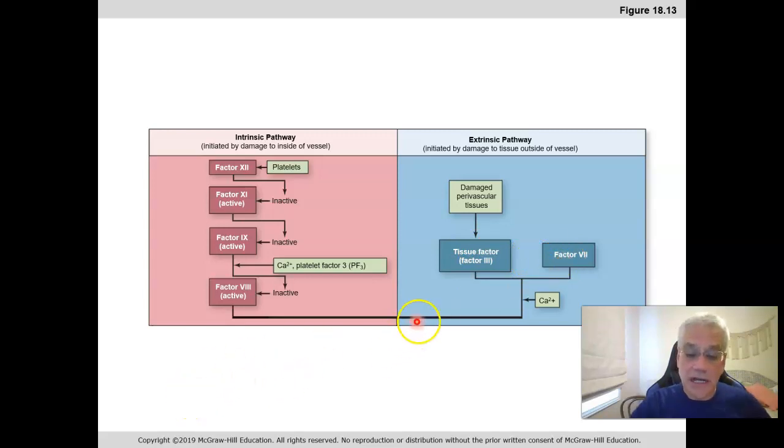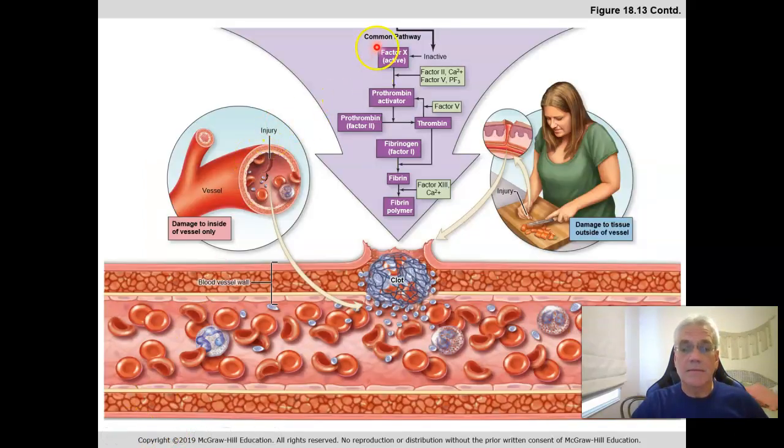Let's see where the common pathway, where these both become common. They become common at this point. Factor 10. Factor 10 is the kicker. That's where the extrinsic and intrinsic pathways join forces or join together or end up in the same place.